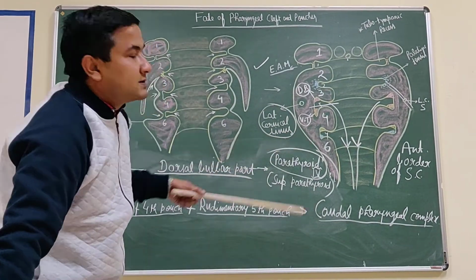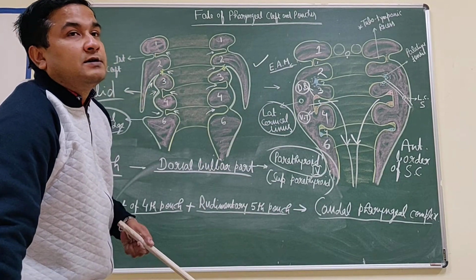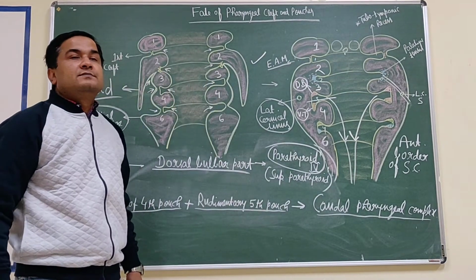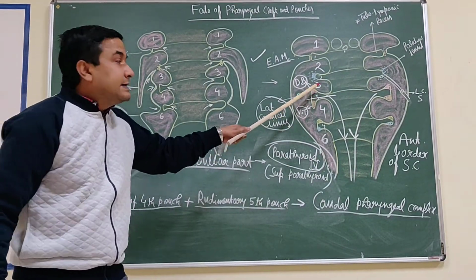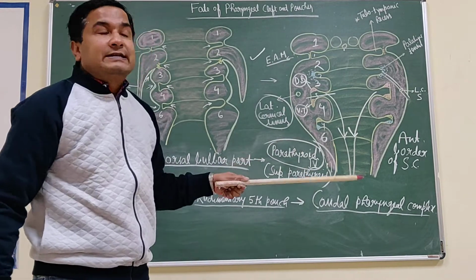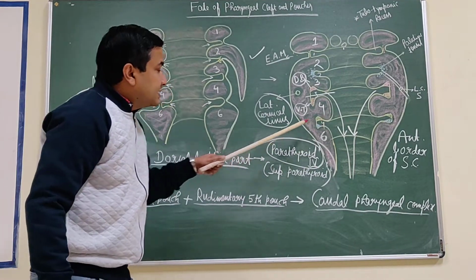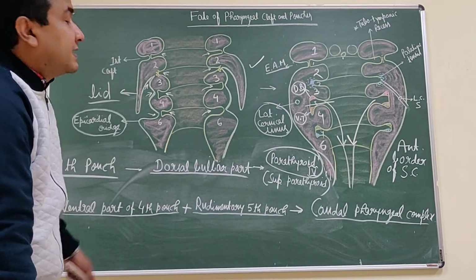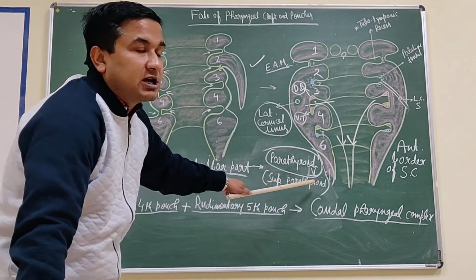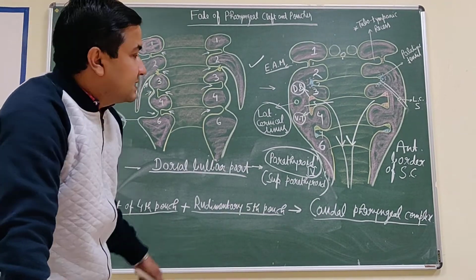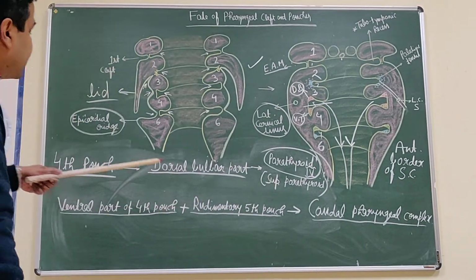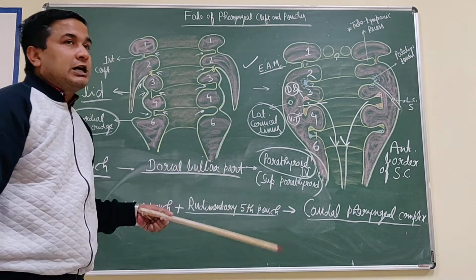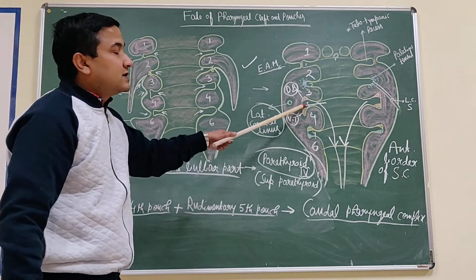Now this part, unlike the third pouch, does not detach and descend. The third pouch is cut off and descends, but the fourth pouch does not. So this parathyroid that forms is in a superior position. That is why it is known as the superior parathyroid gland. So the difference is the superior parathyroid gland is formed from the fourth pouch, while the inferior parathyroid gland is formed from the third pouch.